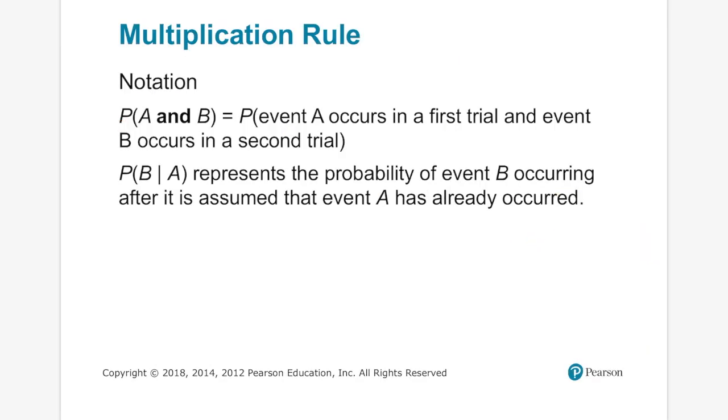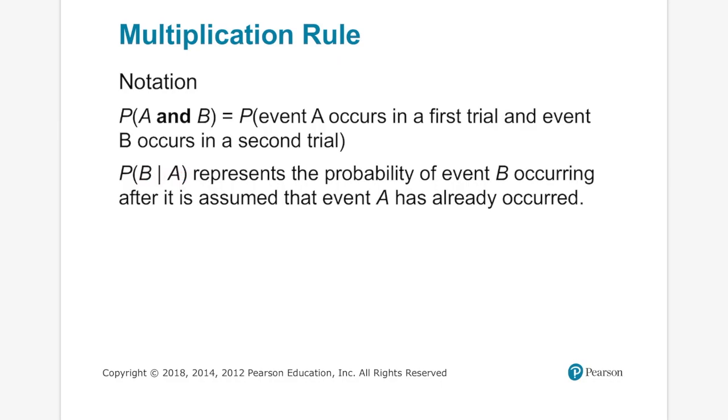Multiplication rule. Probability of A and B. This compound event is connected with an AND. That is when we are using the multiplication rule. P of A and B means the probability that event A occurs in the first trial and event B occurs in the second trial.